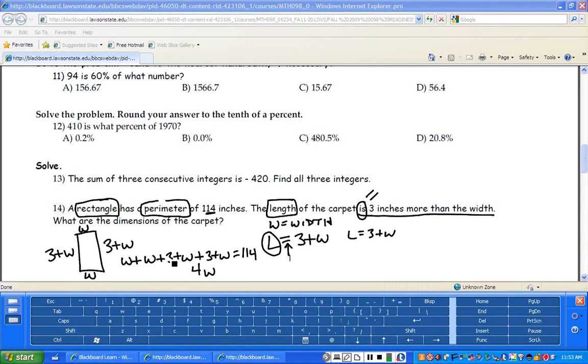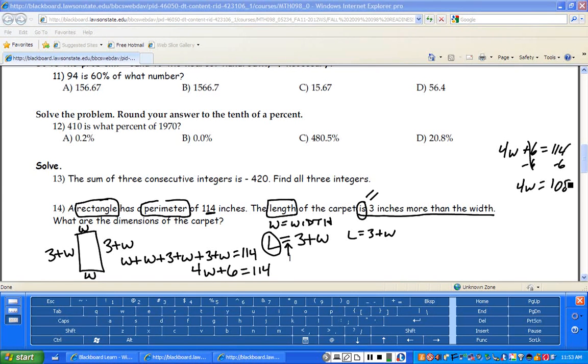And when I'm looking at just constant terms, that 3 plus that 3 gives me 6 equals 114. Come over here where we got some room. Subtract 6 from both sides. See, I'll do it up here. 4W plus 6 equals 114 minus 6 on both sides. Cancels. 4W equals, what is that? 114 minus 6 is 108.